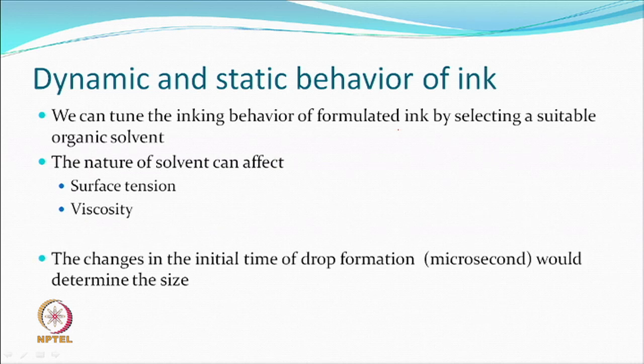So, in the initial stages of the drop formation, if these changes take place, they also determine the size. See how fast it has come. It is not necessarily that, let us say, a certain amount of liquid has been displaced, that it will become one drop. It may divide into many drops depending upon these properties. Like the same water, when you spray at a faster rate, it sprays into atomized smaller droplets.